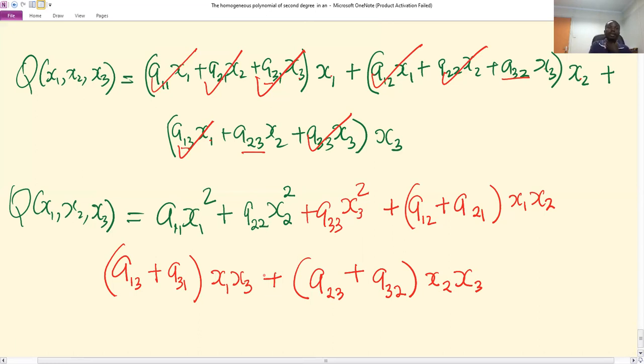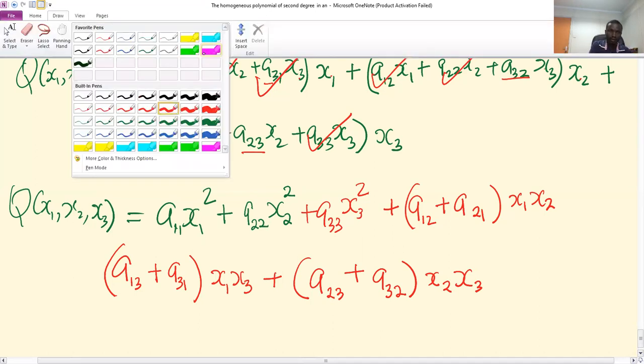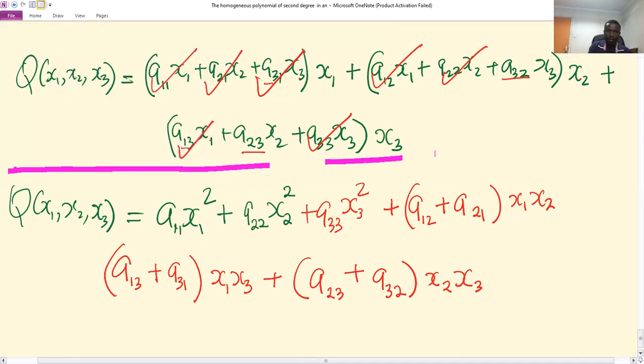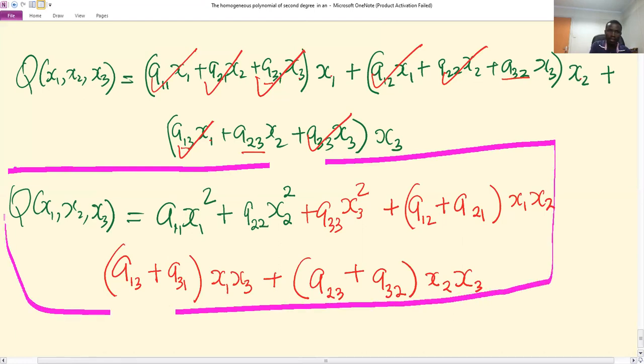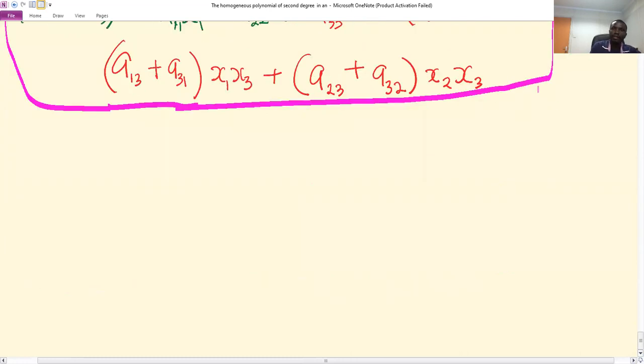So this is the quadratic form for three variables, x1, x2, x3, as it should be. And then next thing you say, let's call this one 1.